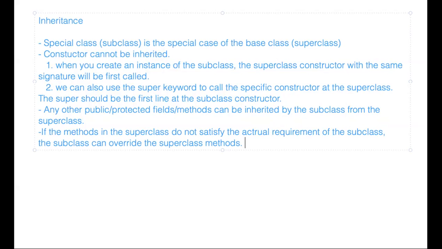Override means the same method name and the same method signature. Signature means the parameter list. Make sure you can distinguish override from overload. Overload has the same method name but a different method signature.